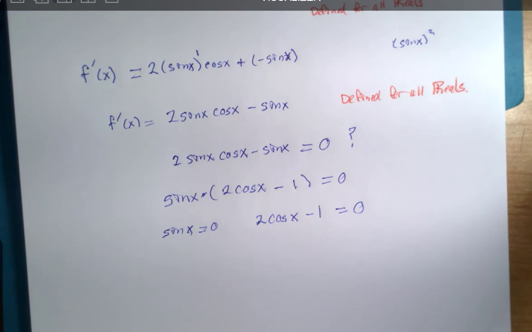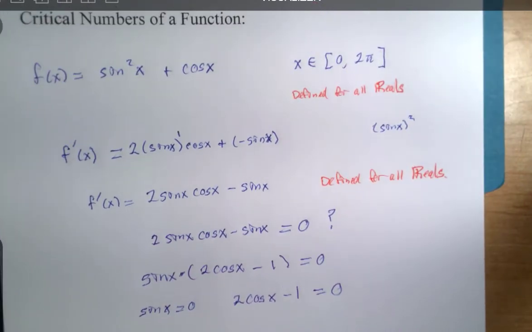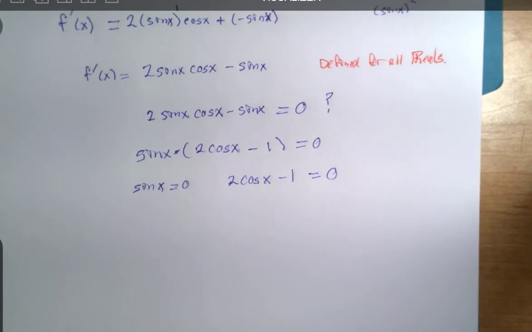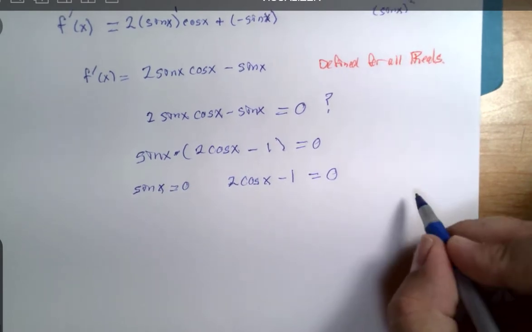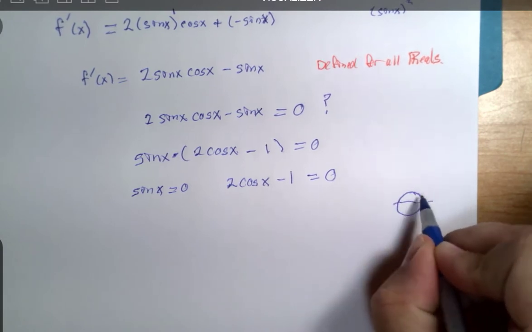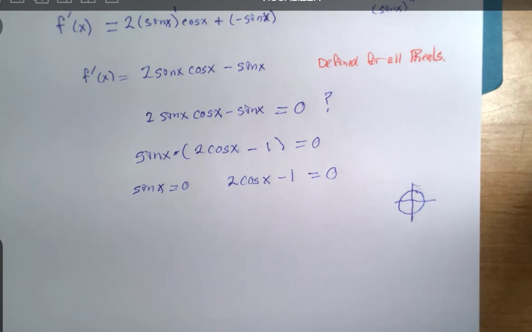So now I have to recall some trigonometric facts, I guess. Well, sine is 0. Remember, we have an interval we must consider here. I don't know if you're the type that uses a circle to determine your values, or if you use some form of a table to think about it.